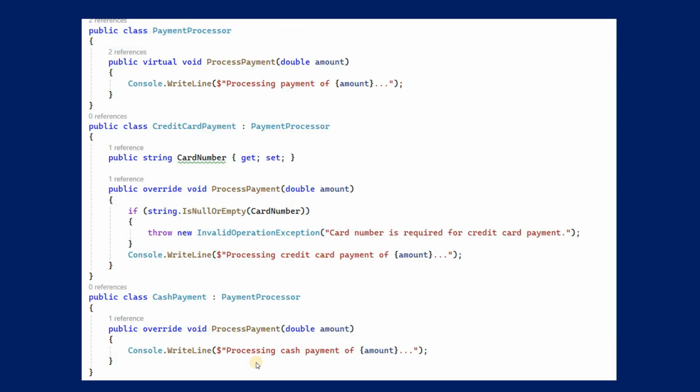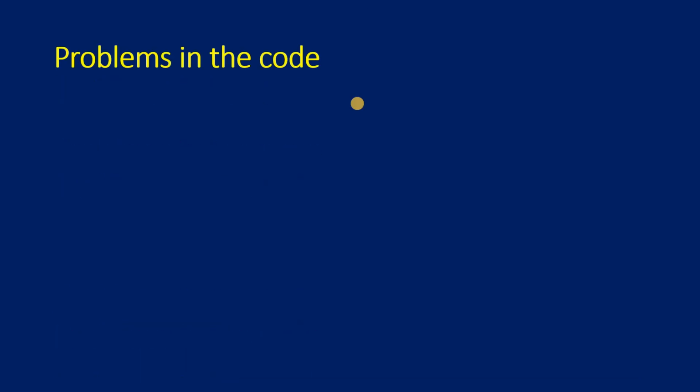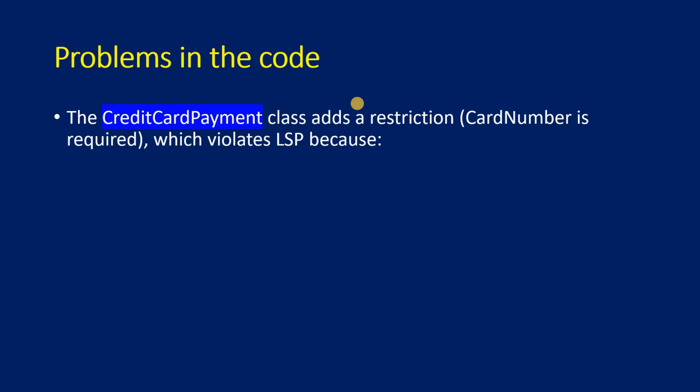Here I already discussed this code. What is the problem in this code? It is violating the LSP, the Liskov Substitution Principle, because this method is breaking the functionality of the base type. The CreditCardPayment class adds a restriction: a card number is required, which violates the LSP.